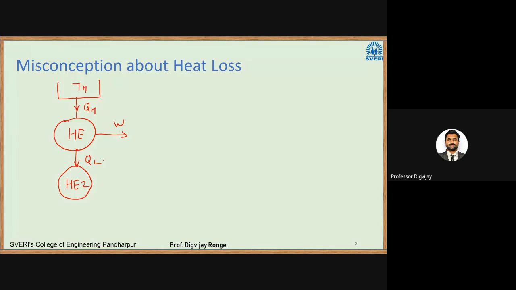This is no longer heat loss. Understand? So this will become input. Then again it will do some work W2, and then there will again be one heat loss, QL2. So this heat loss now reduces, as long as your objective holds good, and that objective will define the heat loss.